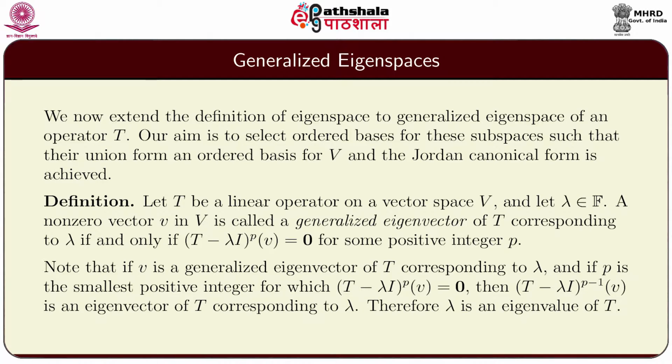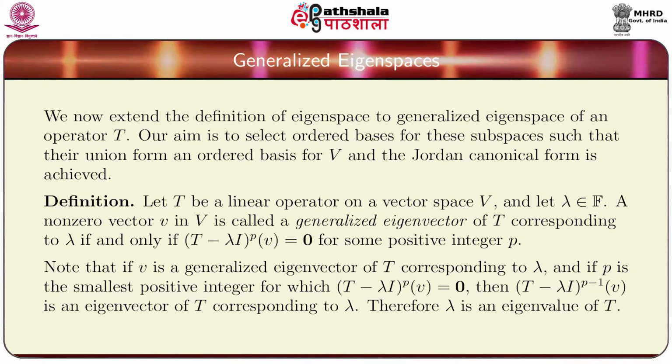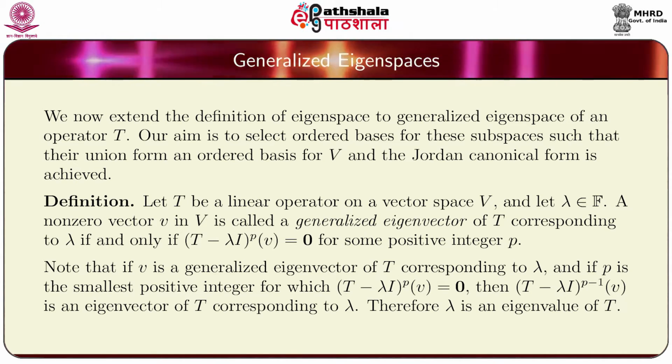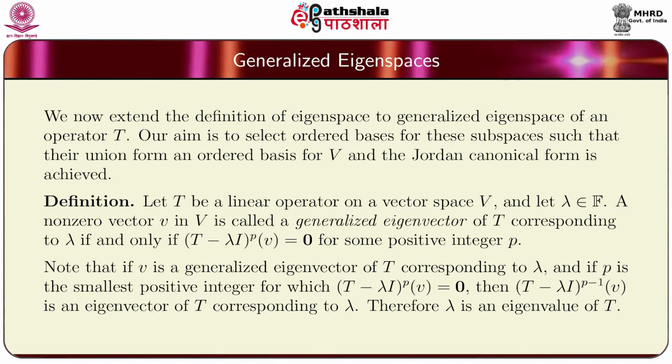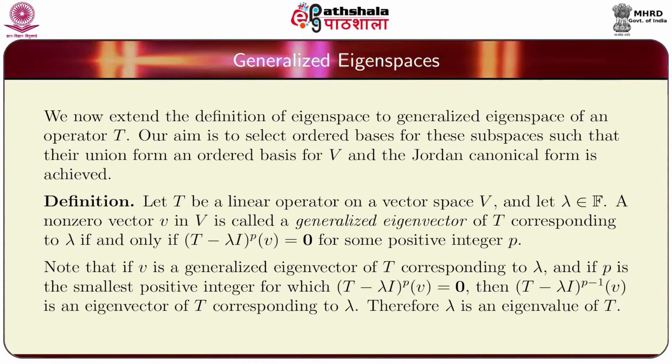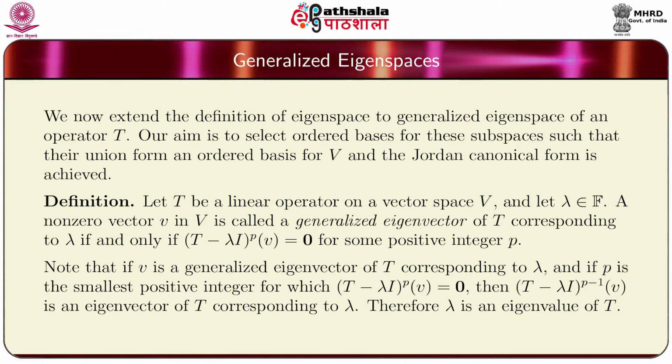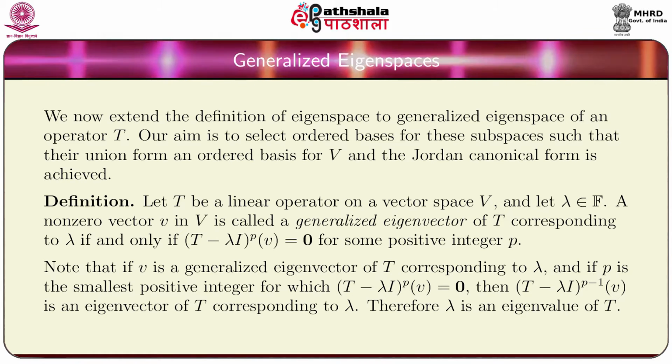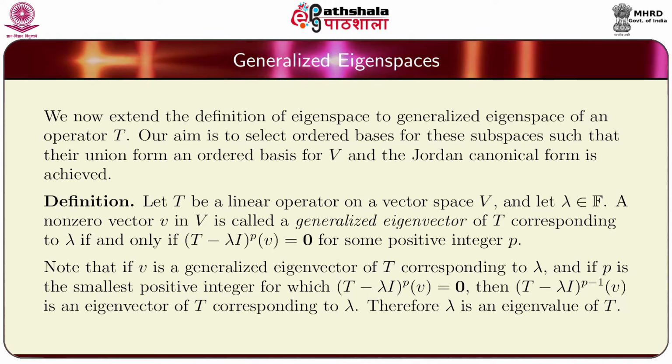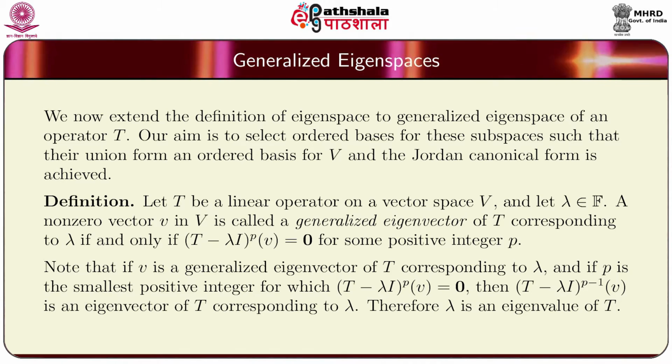So, for diagonalization, we saw that we had the distinct eigenspaces whose direct sum was the whole vector space V, and therefore we selected a basis for the eigenspaces, took their union, and that formed an eigenbasis.